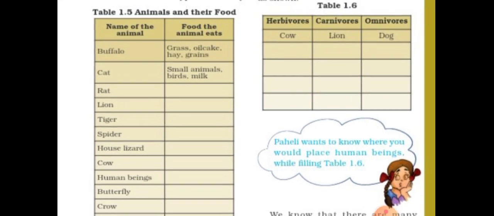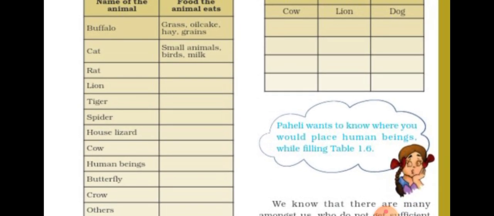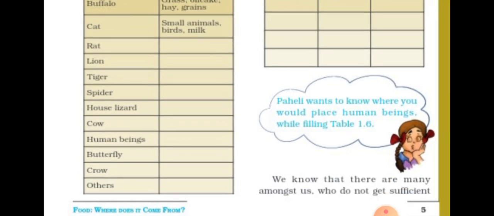Okay, so children, how are you going to know what they are eating? First of all, you should know whether they are herbivores, carnivores, or omnivores. I thought you might be knowing that. Herbivores means animals which eat plants only. Carnivores means animals that eat other animals. And omnivores means those who eat plants as well as animals. Like we human beings are omnivores, because we eat both plants and animals.